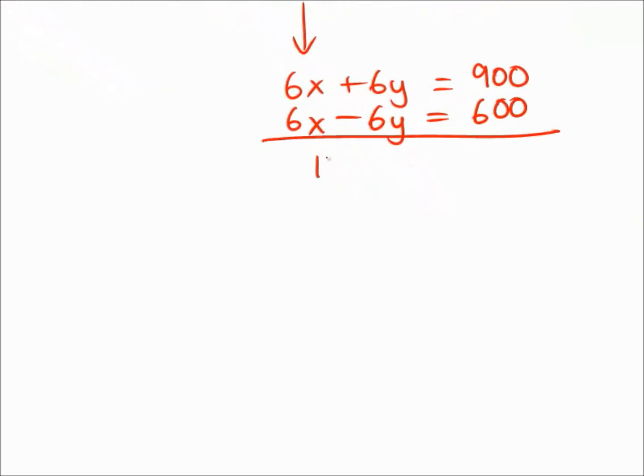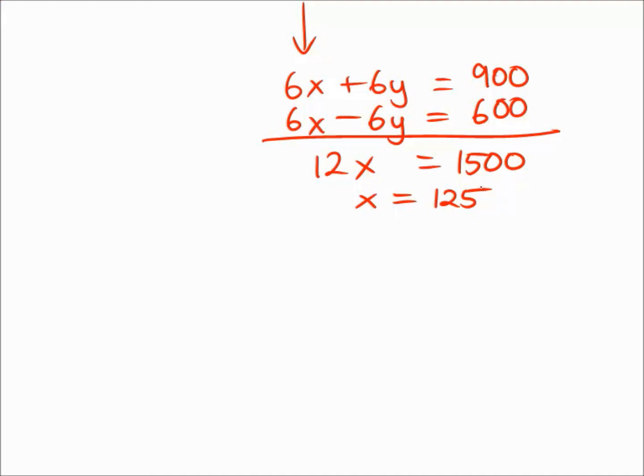Add those up, you'll get 12x, y's cancel, 900 and 600 is 1500. So that would give us 1500 divided by 12, which is 125.